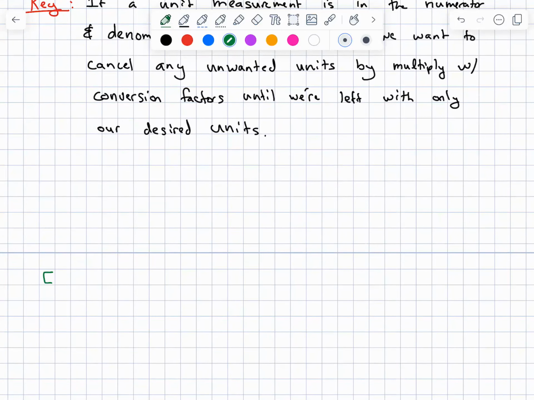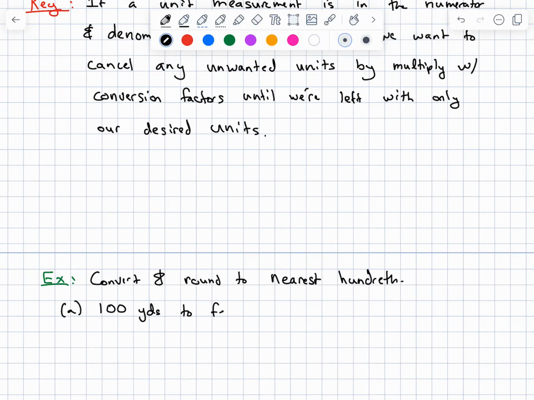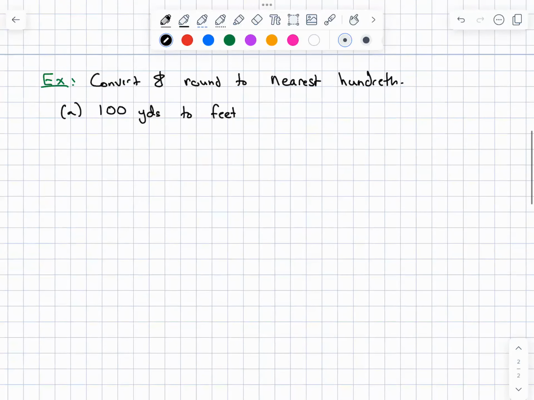So rounding to the nearest 2 decimal places. Part A will be 100 yards to feet. You good? Okay. 100 yards to feet. Part B will be 5 miles to yards.